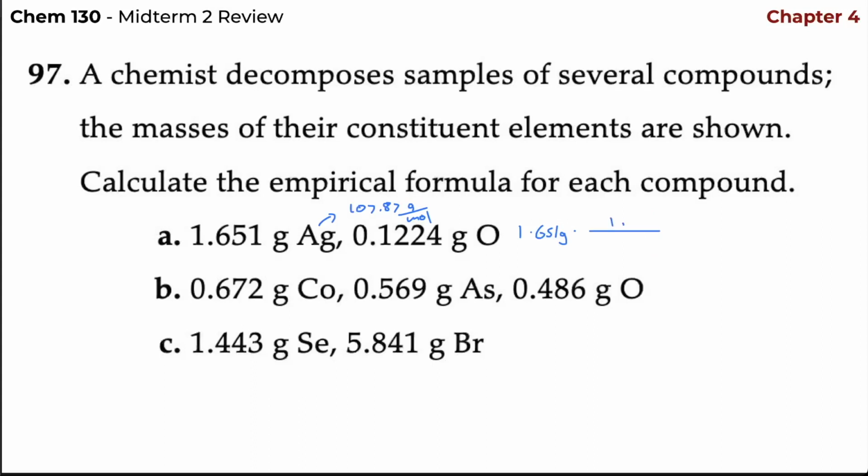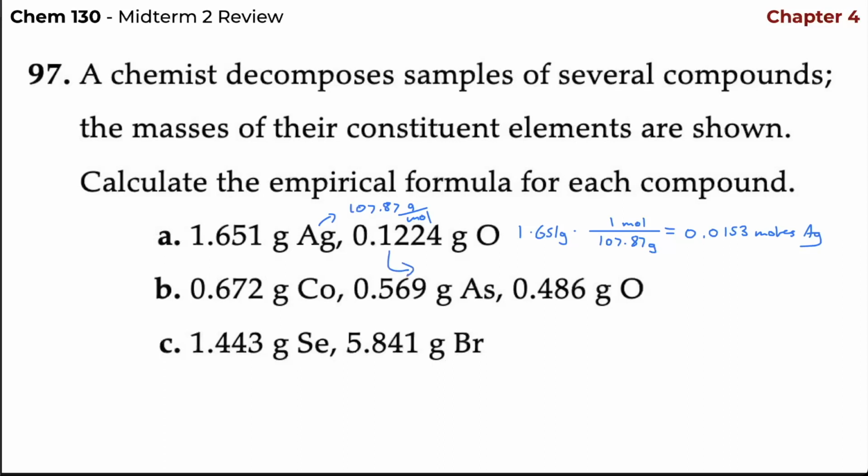So 1 mole over 107.87 grams, and this is gonna give us how many moles of Ag we have. Sorry, I lost the tab. So that is gonna be 0.0153 moles of Ag.